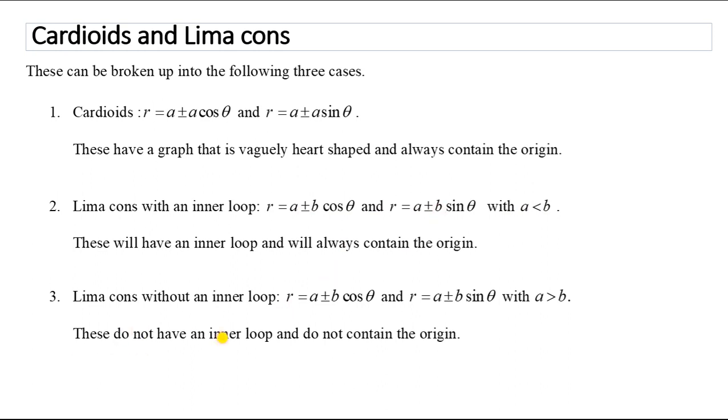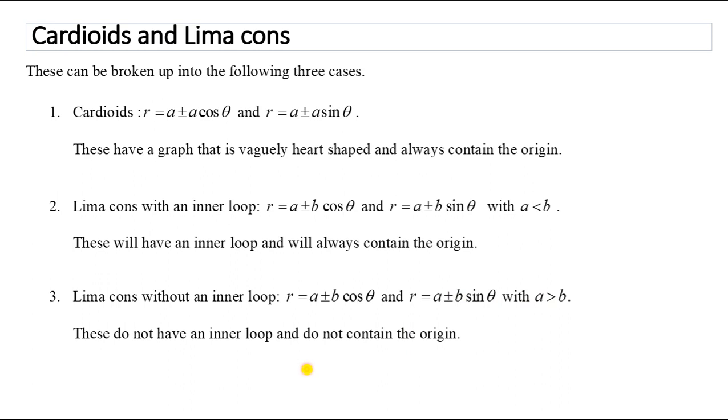Number 3: if r = a ± b cos θ or r = a ± b sin θ, a greater than b, the graph is a heart without inner loop and not through origin.